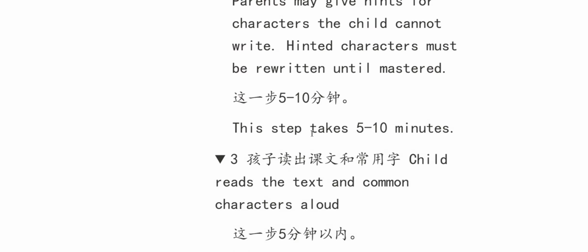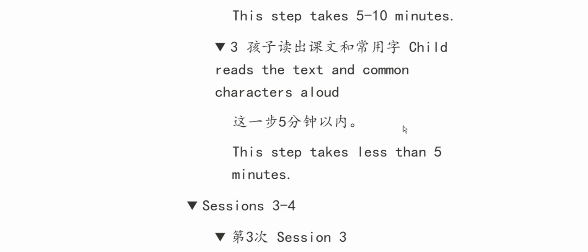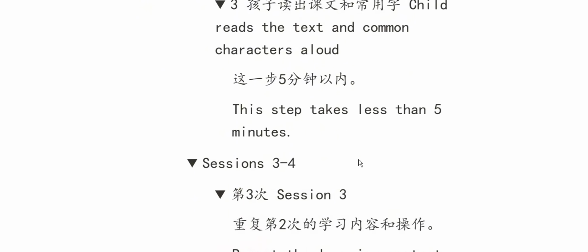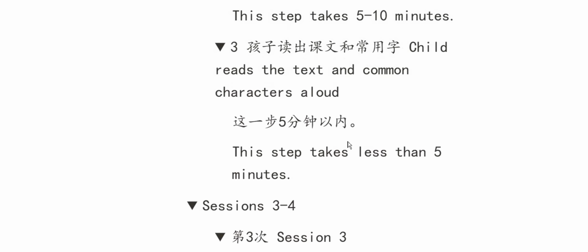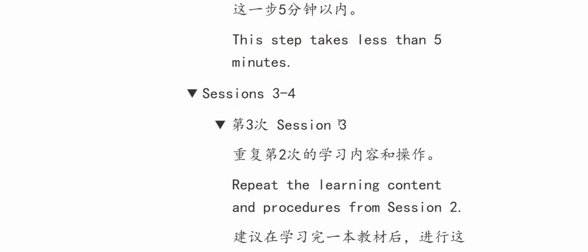This step takes 5 to 10 minutes as well. As a final step, children read the text and common characters aloud. This step takes less than 5 minutes. So we can see each session is around 15 to 30 minutes.